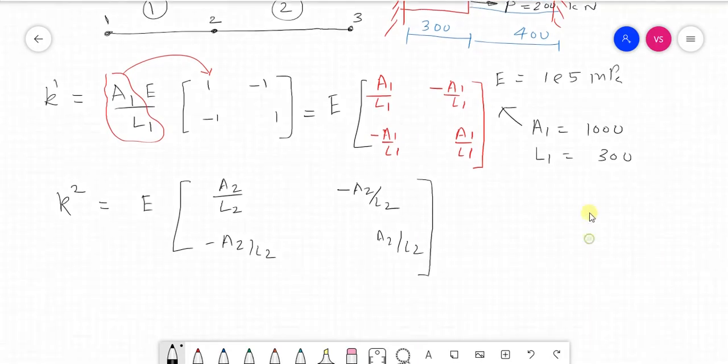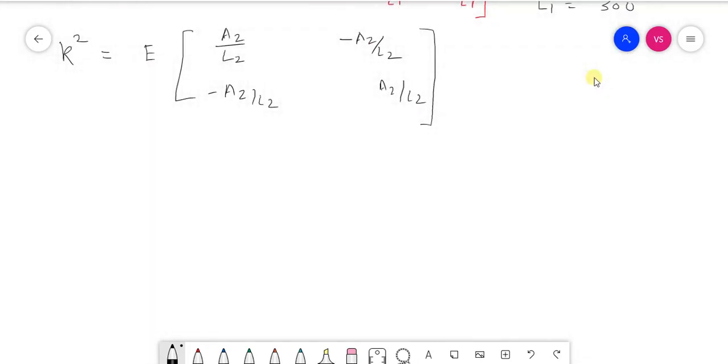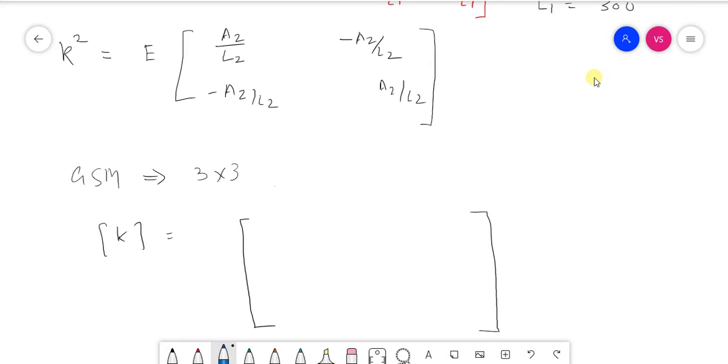Now we know that since we have three nodes, the GSM size should be 3 by 3, so that K will be something like this. Here I have 1, 2, 3. Here I have 1, 2, 3. In this area I will have from the first element A1 over L1, minus A1 over L1, minus A1 over L1, A1 over L1.